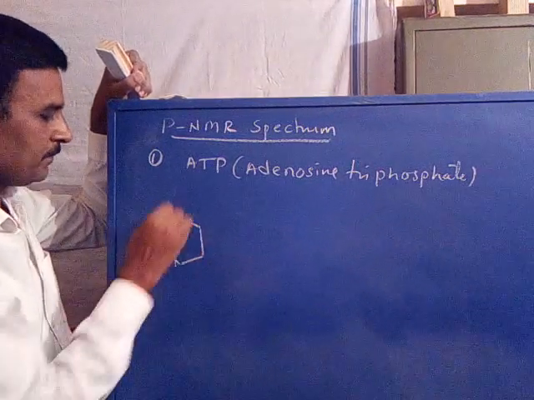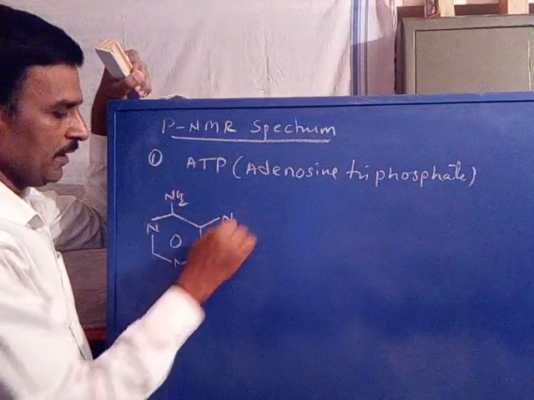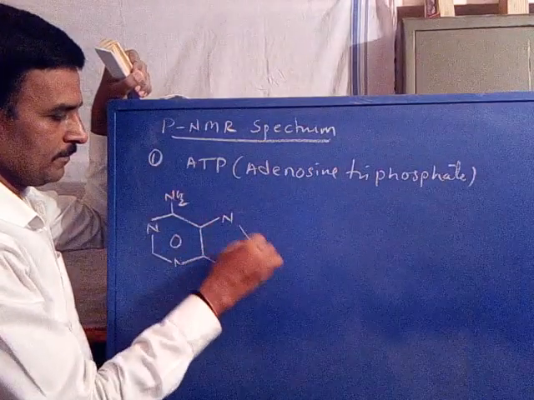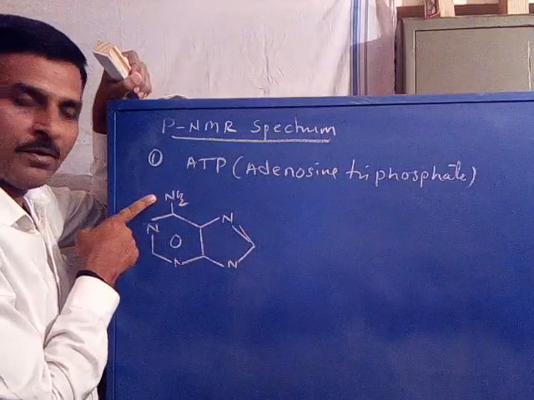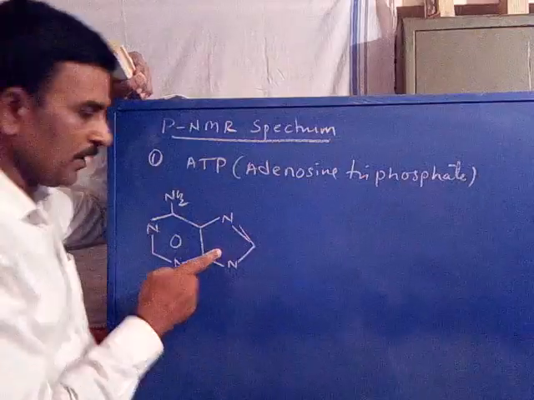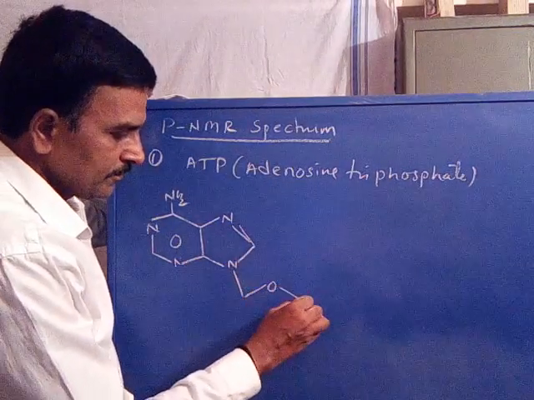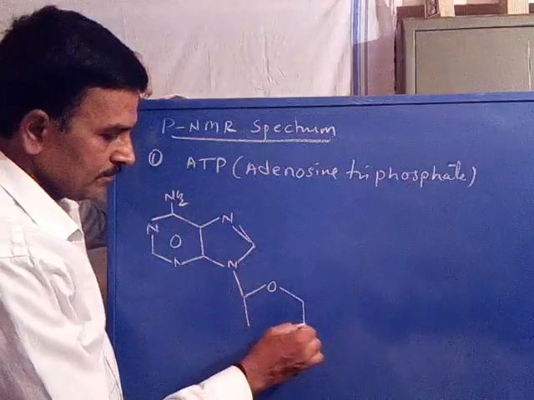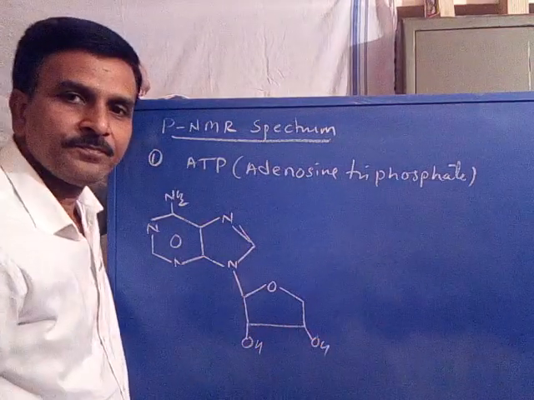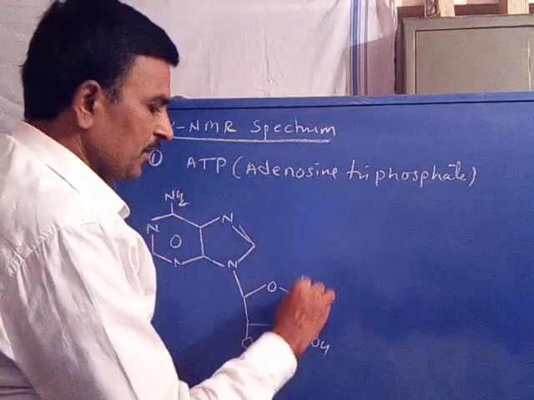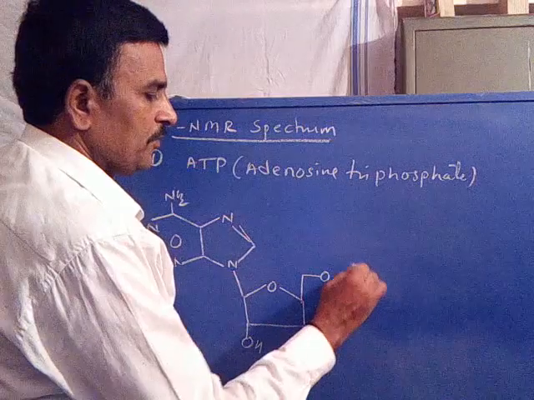This is pyrimidine with one NH2 group, an imidazole ring, a pyrimidine with an amine group. This is the imidazole nucleus attached with a sugar unit. OH here, OH here. Now this is CH2, oxygen, phosphorus.